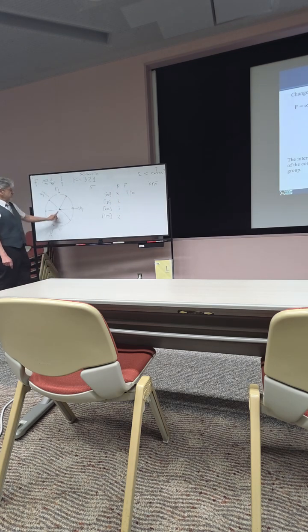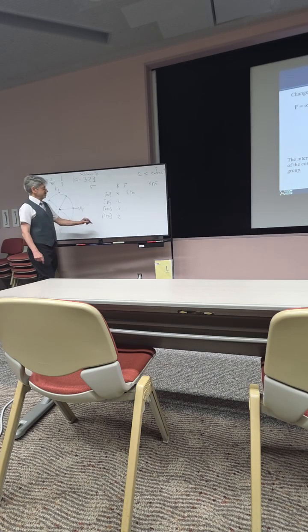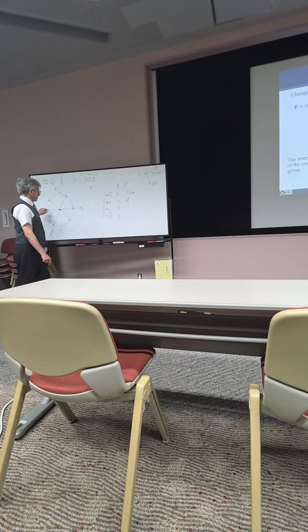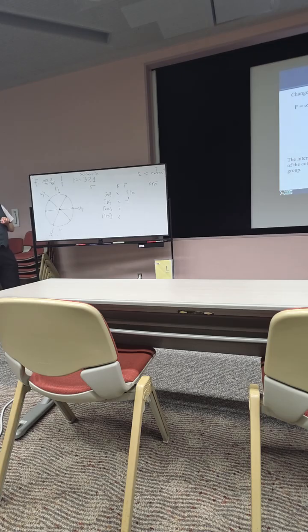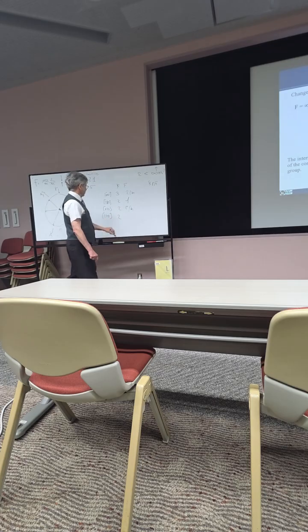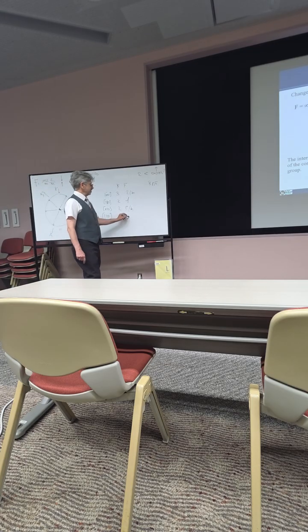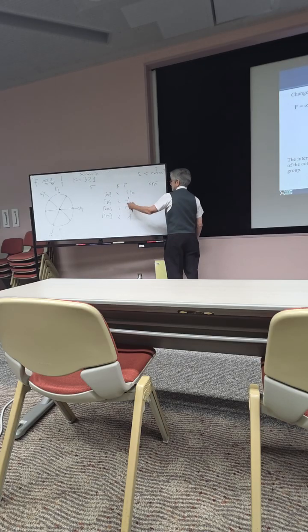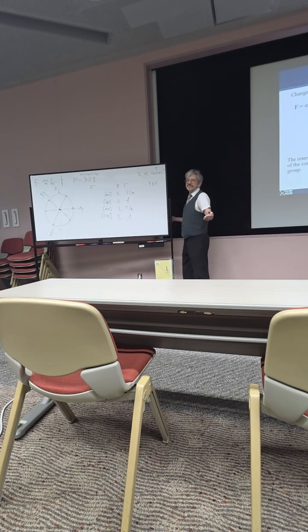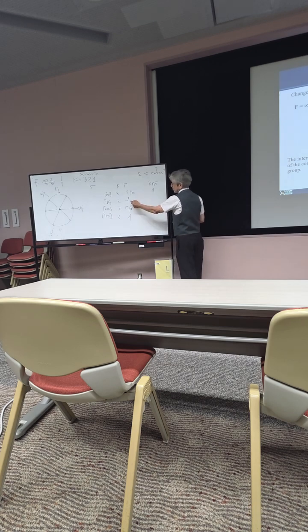What do I have for the 100 direction? 1 1. What do I have for the A2 direction? 2 over m. What do I have for the 110? 1. Intersection 3 and 2 over m: 1. 2 and 1. 1. 2 and 2 over m: 2. 2 and 1. 1.